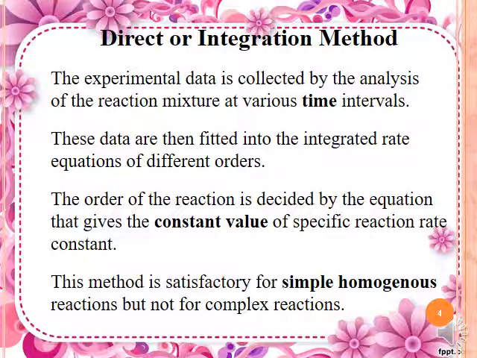The order of the reaction is decided by the integrated equation that gives a constant value of the specific reaction rate constant. We have covered this in the previous lecture. This method is satisfactory for simple homogeneous reactions, but it cannot be used for complex reactions. Only for simple homogeneous reactions.